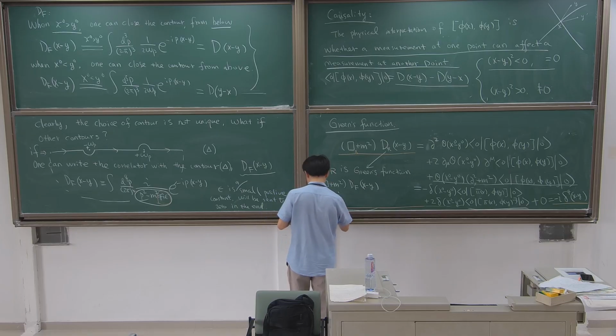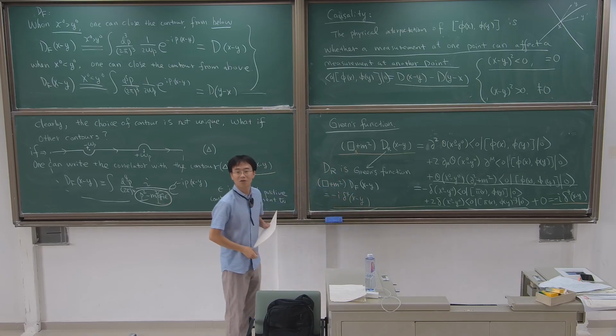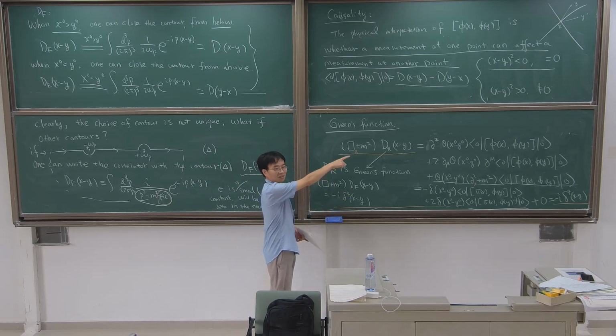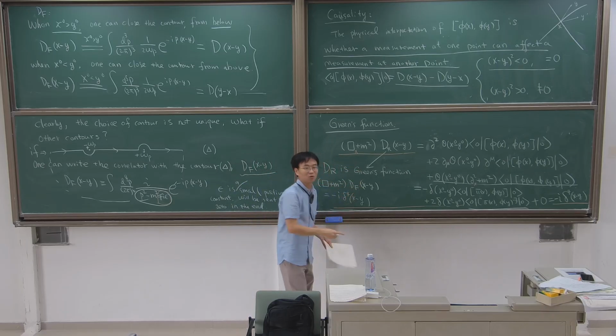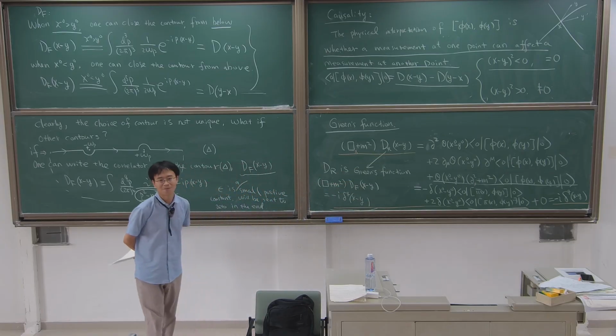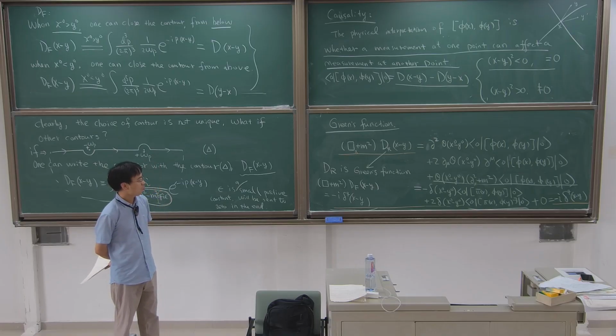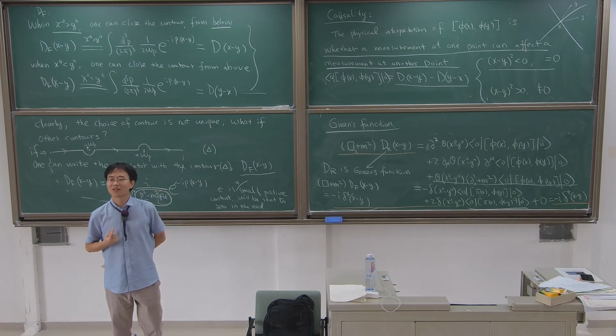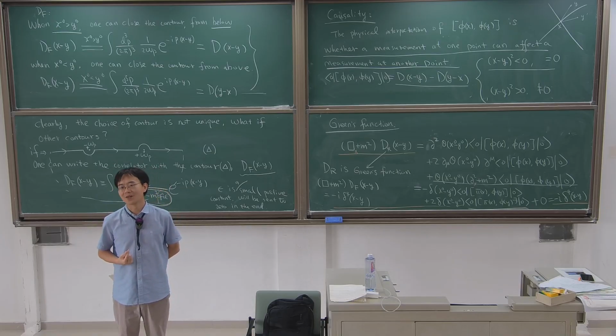This is also equal to minus i. For instance, I checked for D_R, you can also check D_F and the others. They are all Green's functions, by doing the same calculation. It's straightforward to check. This is the relation between this kind of property and this one.